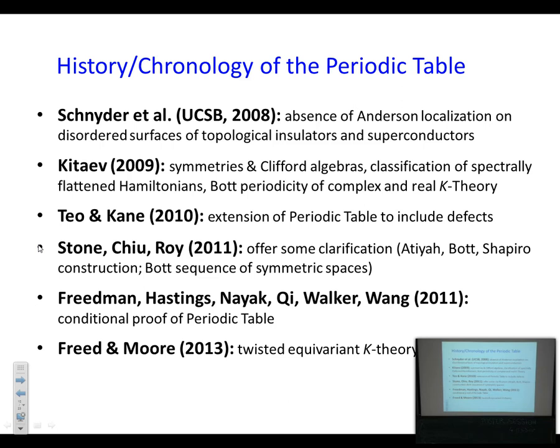A very important paper is that by Fried and Moore. It's about 100 pages, and the title is Twisted Equivariant Matter. They develop twisted equivariant K-theory, and they don't formulate quite the model that I gave to you.